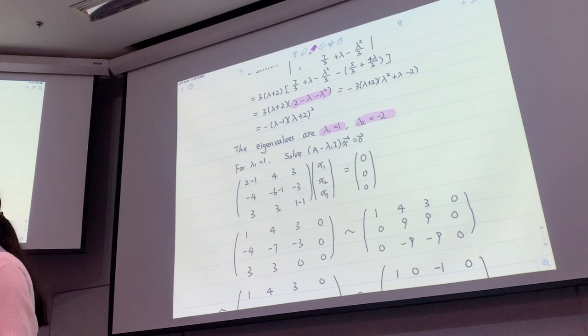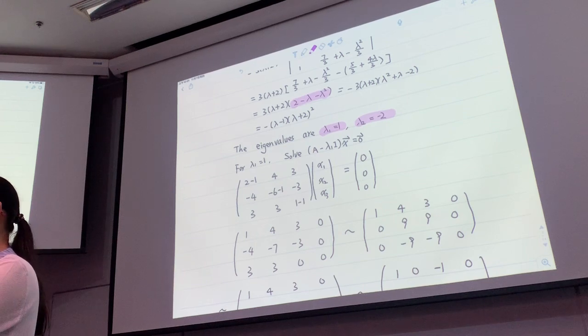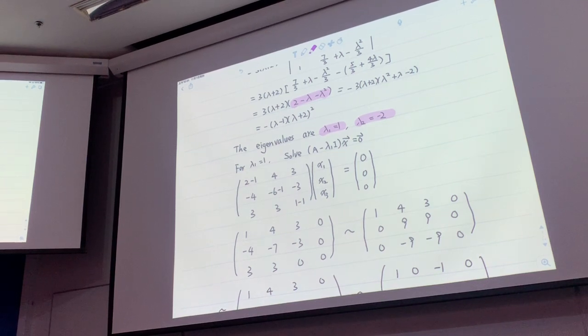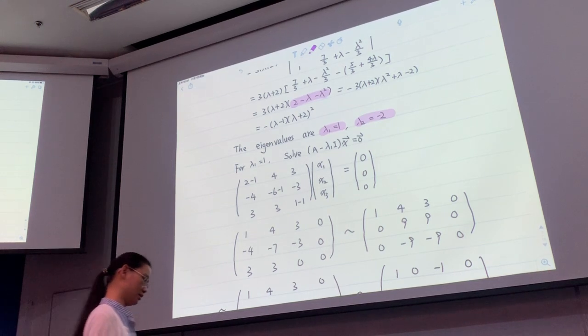So altogether, how many linearly independent eigenvectors? Only 2. How many linearly independent eigenvectors do we need to diagonalize the matrix? 3, right? So can we do the diagonalization? No. So in this example, we are not able to diagonalize the matrix A.